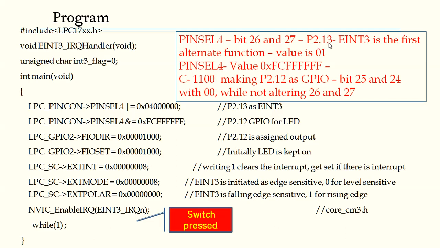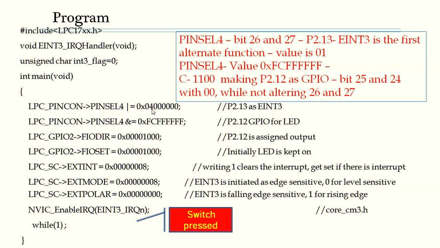And we know that on P2.13 you have the external interrupt 3 connected. This external interrupt 3 is the first alternate function, and hence those bits, that is 26 and 27, should be written with a value of 0, 1. And remaining all values are 0. So if you get the nibble equivalent, it will be equal to this value of 4. It's basically bits 27, 26 with a value of 0, 1, and 24 and 25 with a value of 0, 0.